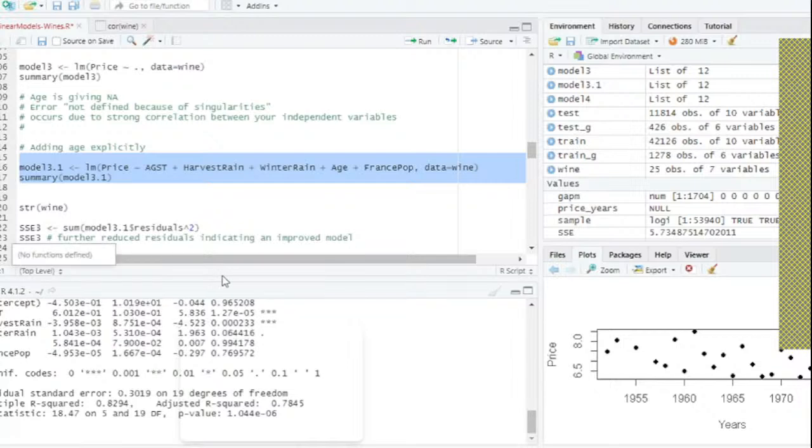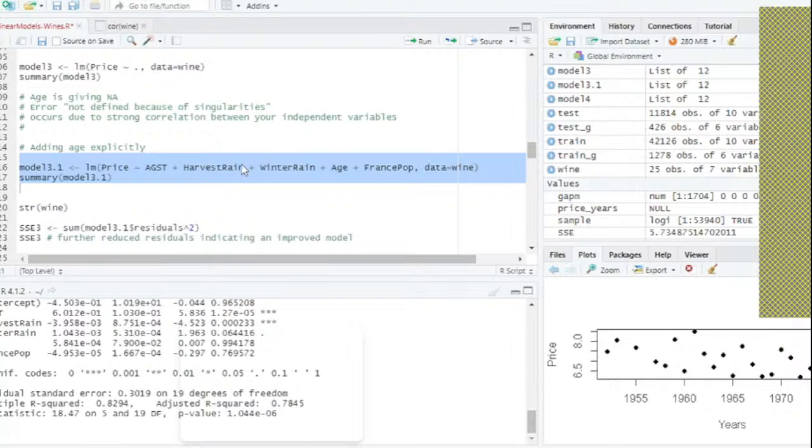Okay, now this is the output. Why does dot not work? Bharat asks why dot did not work.